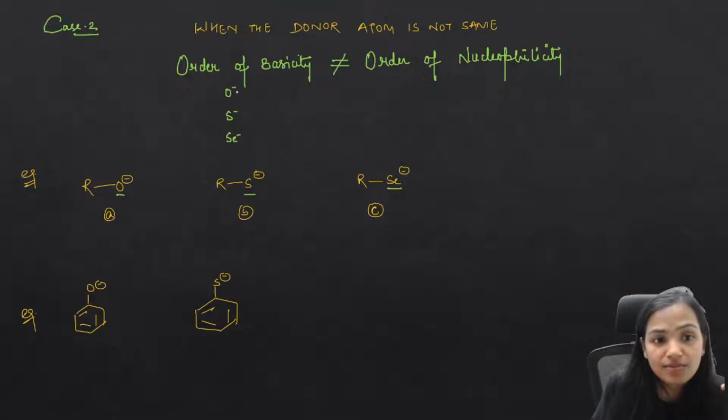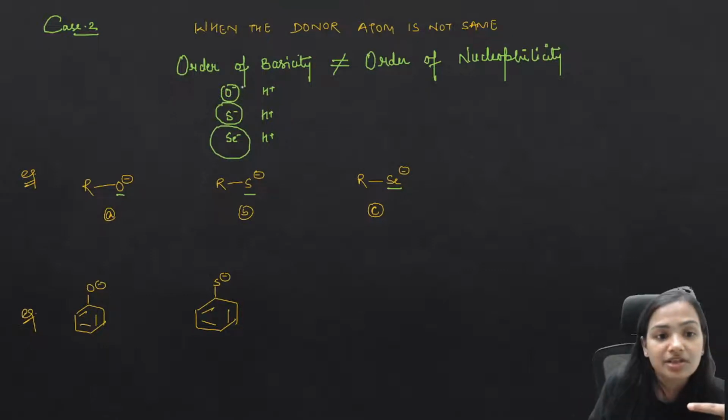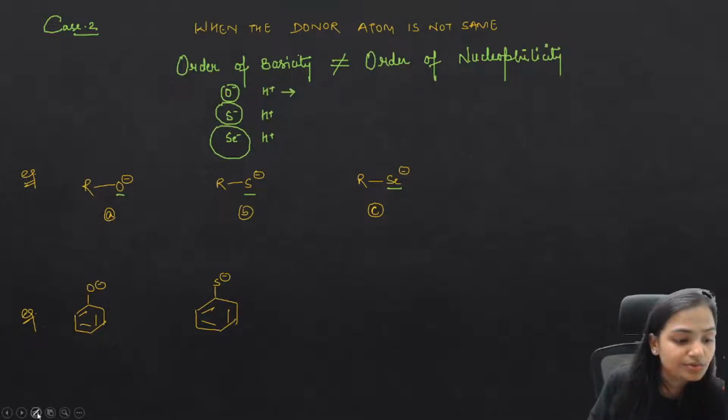So who will form a strong bond with H positive? If this is a small species, this is a big species, and this is much bigger, and they have to accept H positive, then who will form a strong bond? Who will be a good proton acceptor?